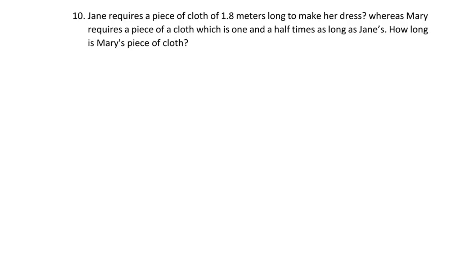Question number 10. Jane requires a piece of cloth of 1.8 meters long to make her dress, whereas Mary requires a piece of cloth which is 1.5 times as long as Jane's. How long is Mary's piece of cloth? Okay, so for this one, from the given information, Mary requires 1.5 times 1.8 meters.